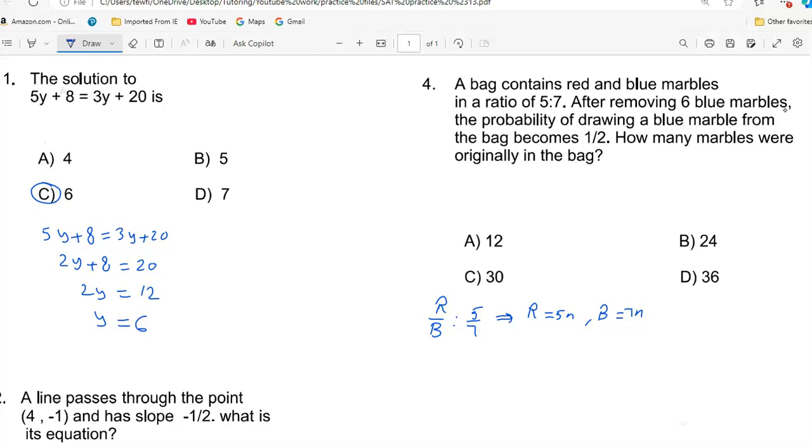So what is the total? The total will be the red plus the blue, which is 12n, right? But now, after removing 6 blue marbles, the red is still 5n, but the blue will be 7n minus 6. What is the total in this case?